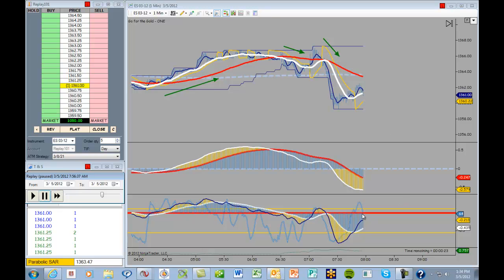So even though the stochastic is coming down, the MACD is bearish, notice that our short-term MACD looks like it's still kind of bullish. So what did I tell you?